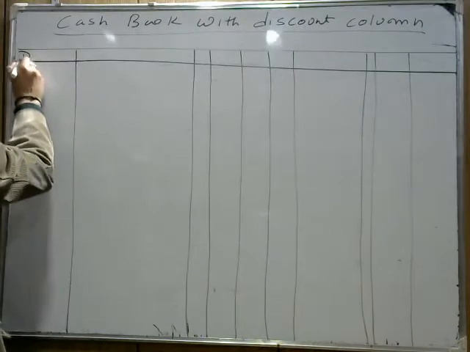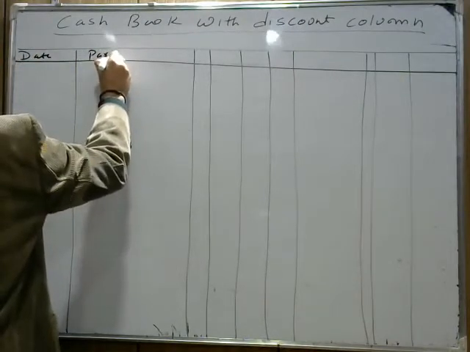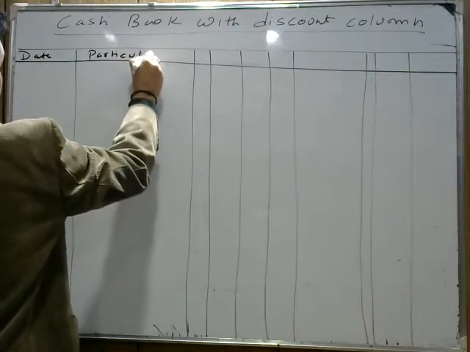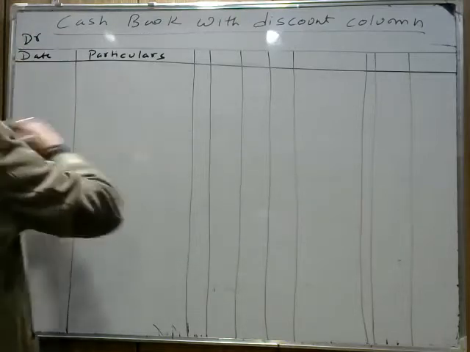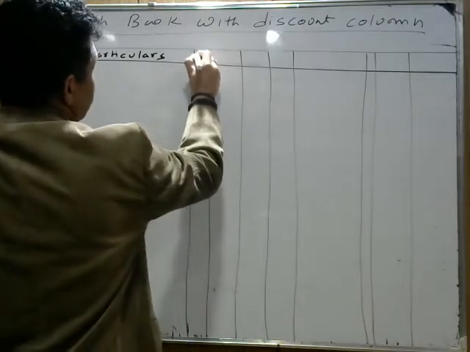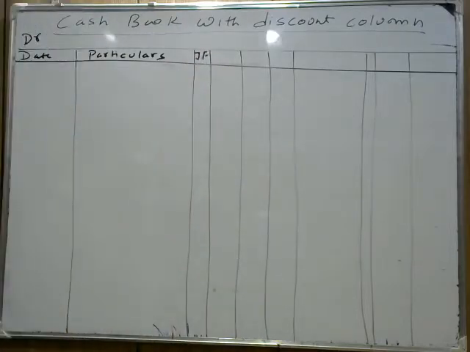Here is the date on which the transaction occurs, and we write particulars, which we also call the receipt side. We have done it in our previous video. This is the debit side. This one is called JF, general folio, for transactions transferred from the journal entry.